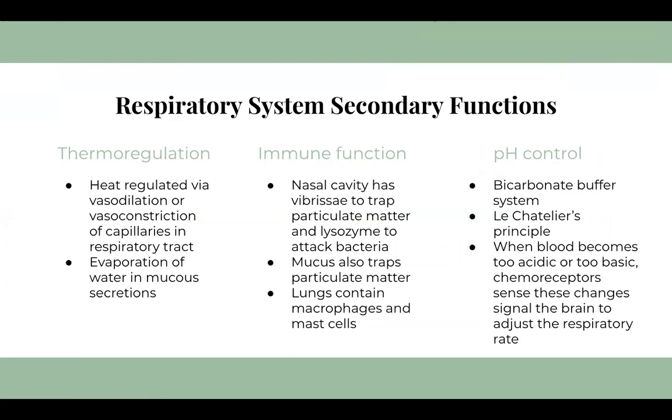Please correct me, it's been a while since I reviewed this and I should have brushed up on it, but dilating your blood vessels moves blood away from your core organs and to your peripheries. So it carries away the temperature from your core. And then constriction does the opposite. It reduces the amount of blood that's traveling around, so you're able to conserve your temperature in your core. Is that okay?